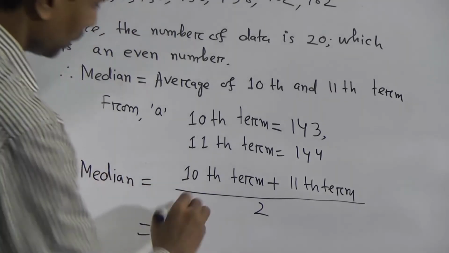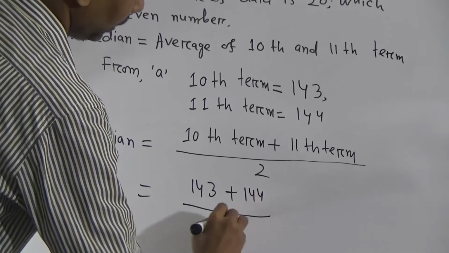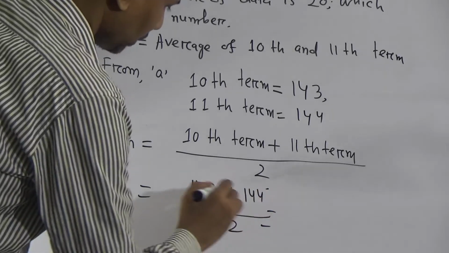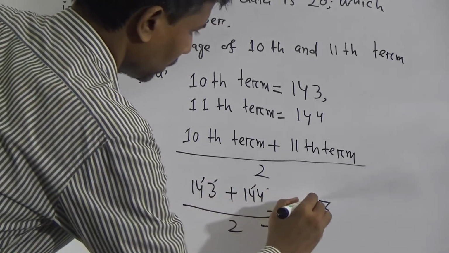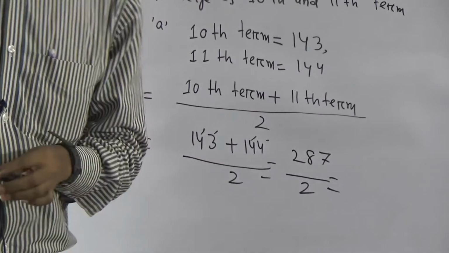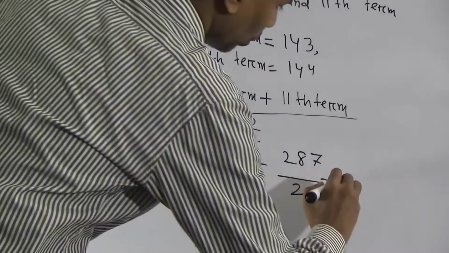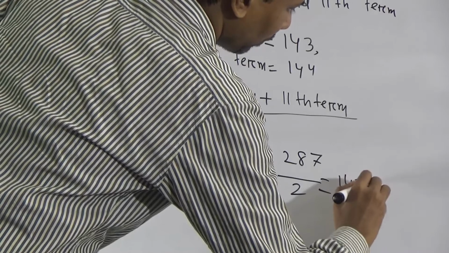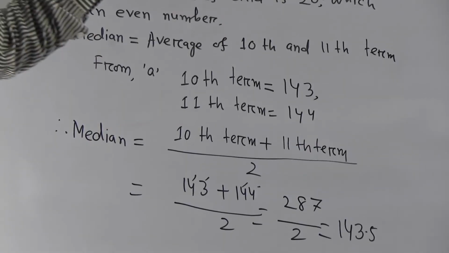Put the value: 143 plus 144 divided by 2. Adding, we get 287 by 2. Okay, dear student, if you divide this, then we get 143.5. Okay, this is the first part of question number B, find the median and the arithmetic mean of the data. This is the median.